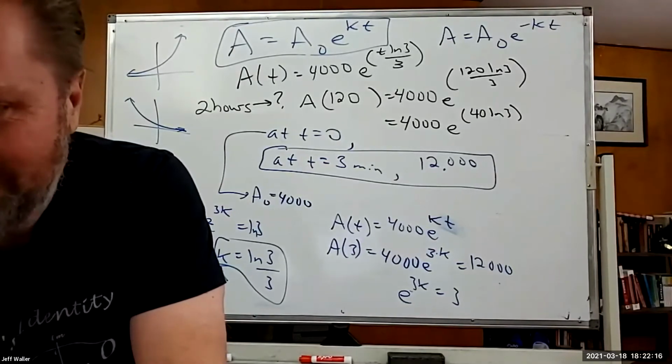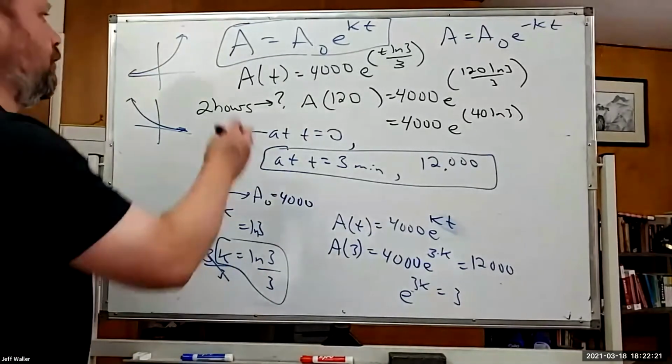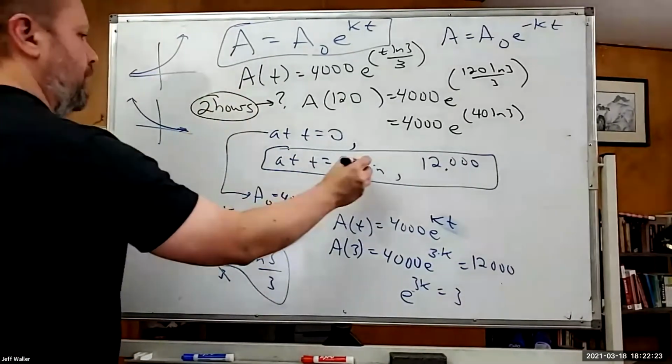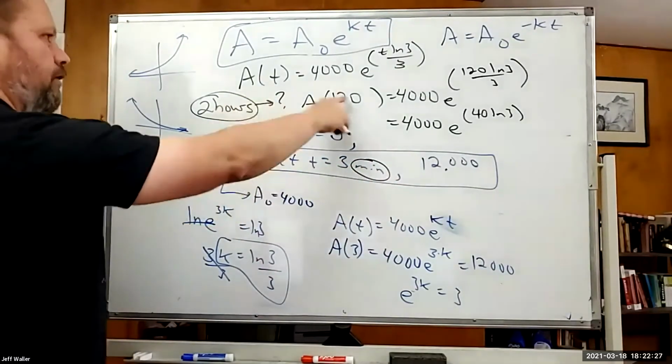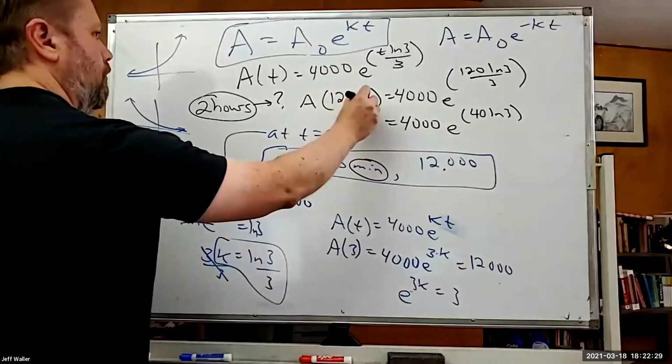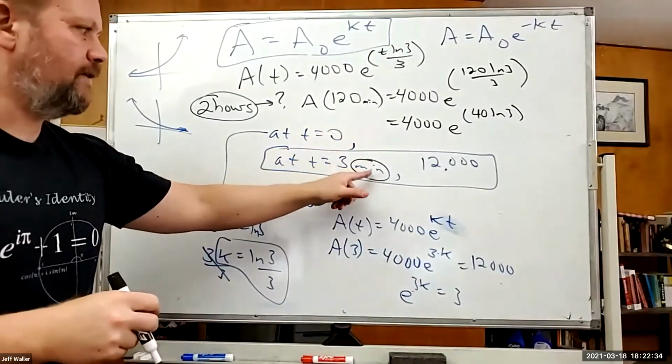So did anybody, oh, I'm sorry. 2 hours. Time is in minutes. So 2 hours would be 2 times 60, 120 minutes. So you've got to be really careful about the time that they set things up with.